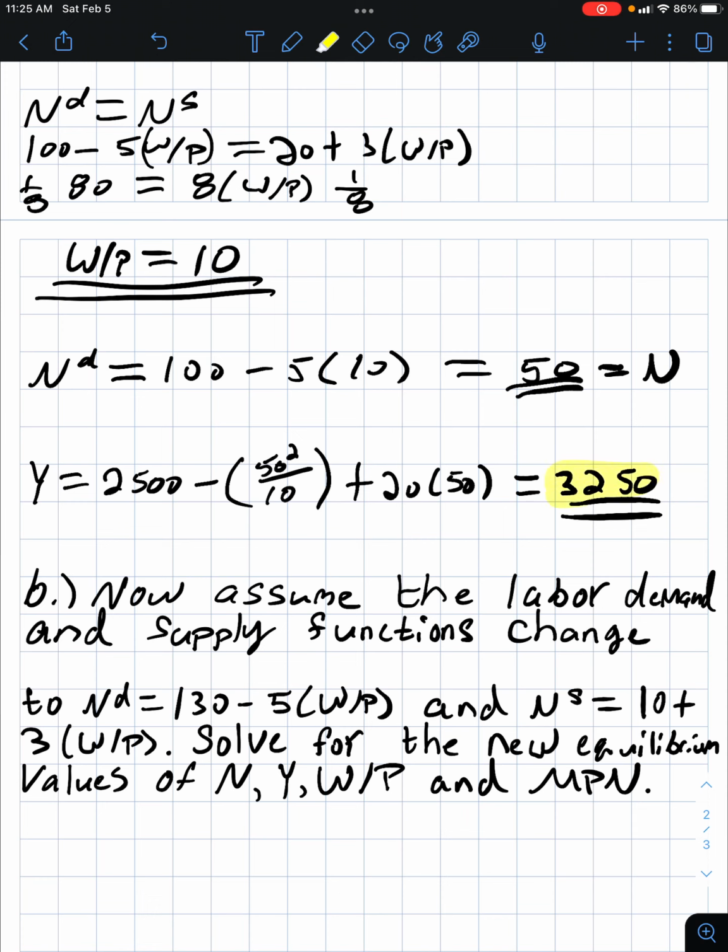So for equilibrium of y, it's going to be 3,250.